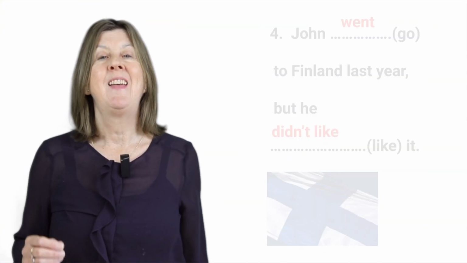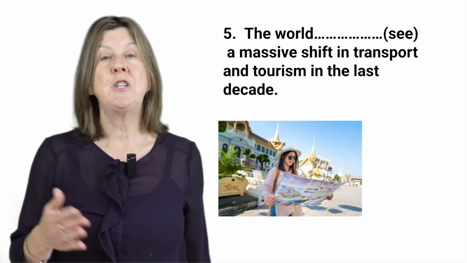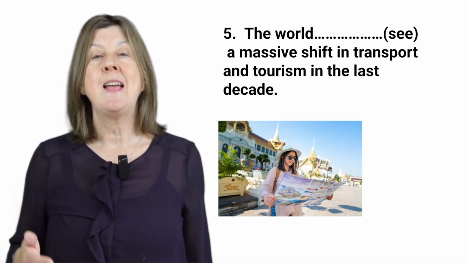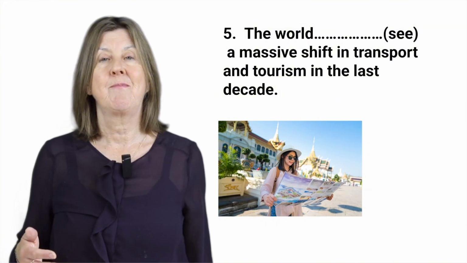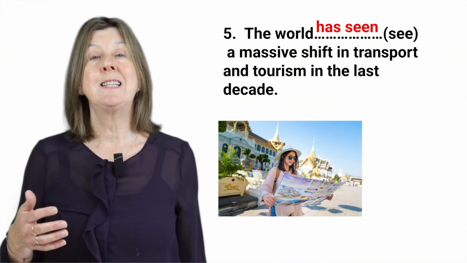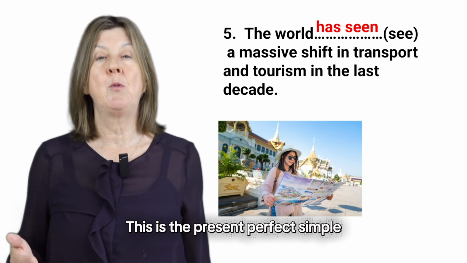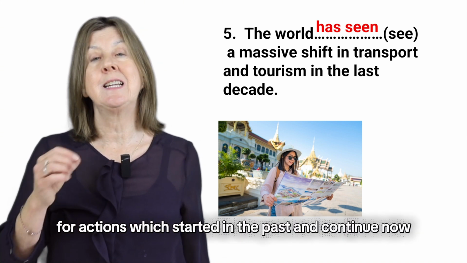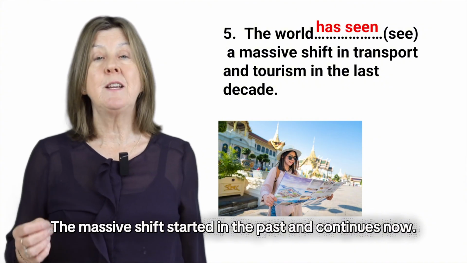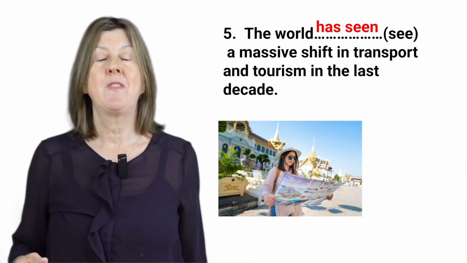Last year. 5. The world blank, use see, a massive shift in transport and tourism in the last decade. The world has seen a massive shift. This is the present perfect simple, rule number 1, for actions which started in the past and continue now. The massive shift started in the past and continues now.